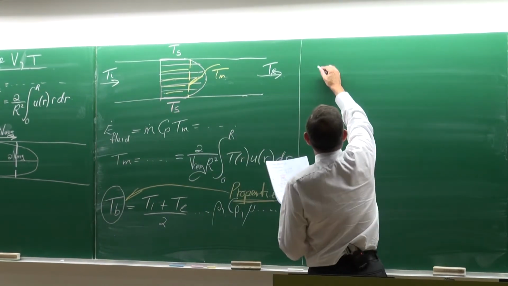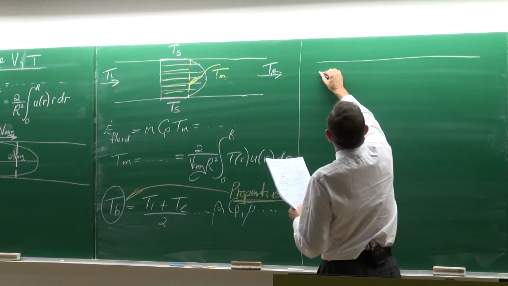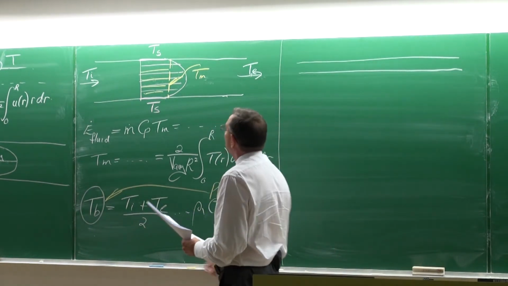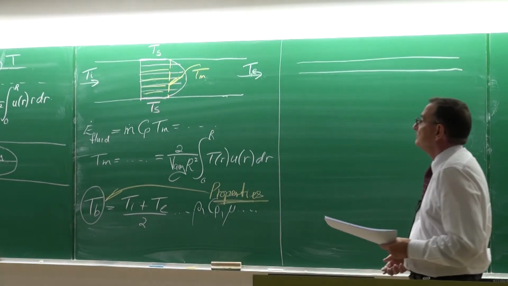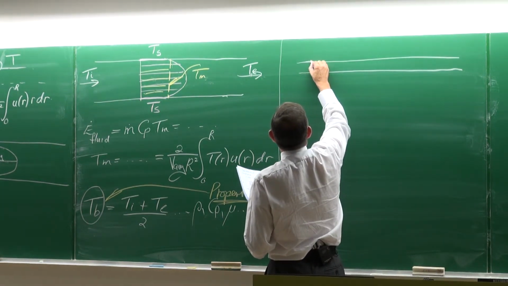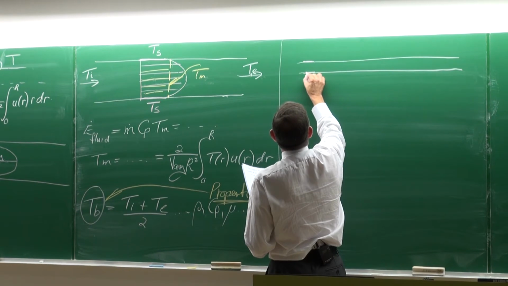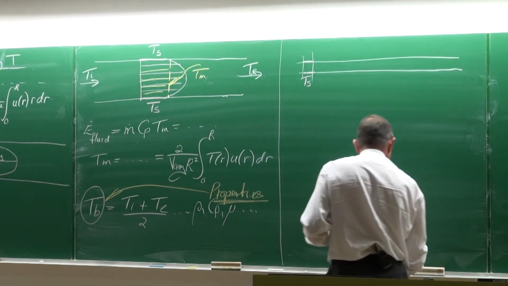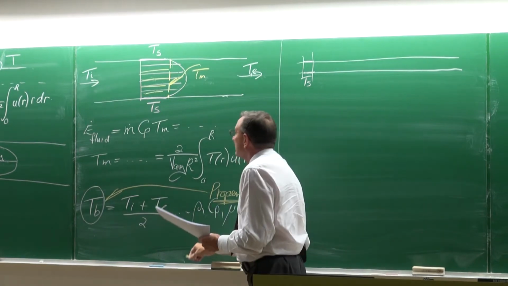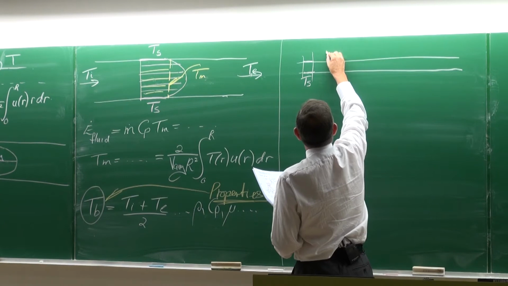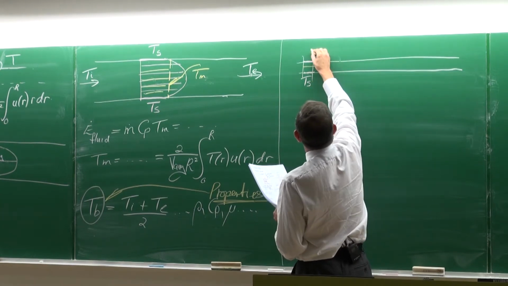So if we look at the same tube, I'm going to make the diameter now smaller. In this case, the surface temperature is equal to Ts. If we draw Ts like that, then the mean temperature, which I'm going to draw in yellow, is going to be that distance there.